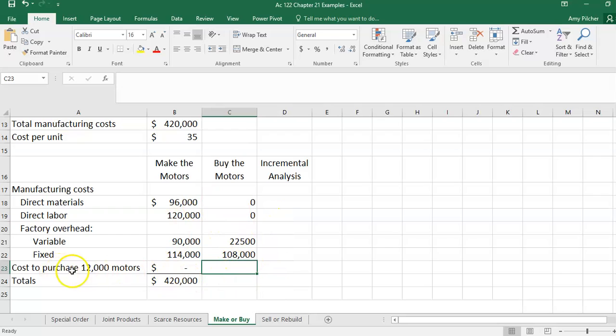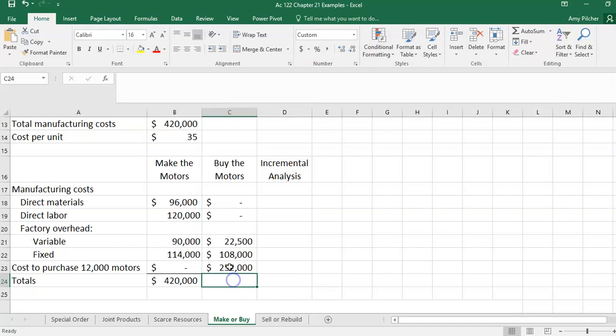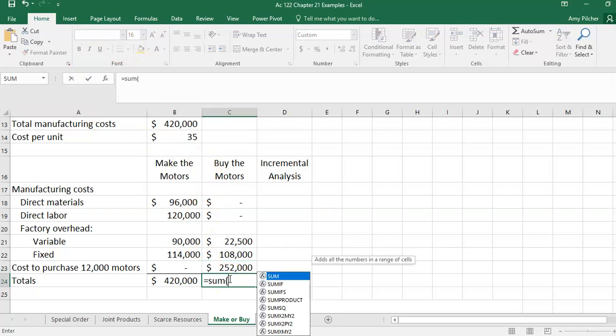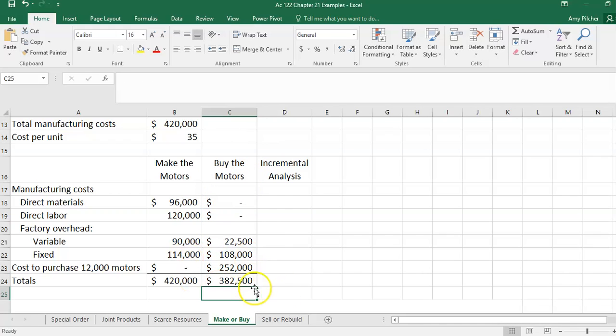Then we also have the cost to purchase 12,000 motors. Well, the cost to purchase is $21 times 12,000. So if we add those together, the cost to buy the motors is $382,500.